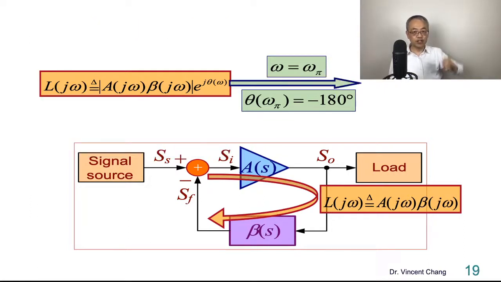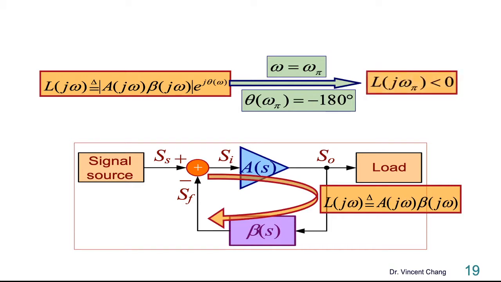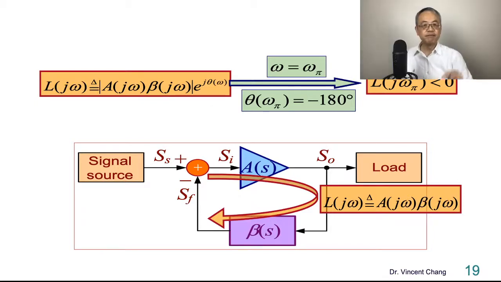All right? Let me emphasize the importance of this. Why does this matter? Because at this frequency, loop gain is negative, which means the feedback becomes what?